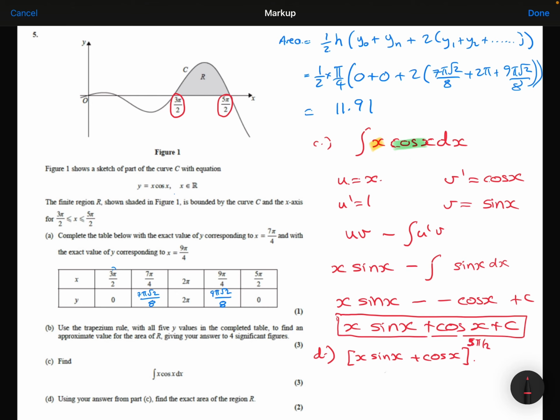So my upper limit is 5 pi over 2, my lower limit is 3 pi over 2. And substituting those in, I'll get 5 pi over 2 times sine 5 pi over 2 plus cos 5 pi over 2, minus 3 pi over 2 sine 3 pi over 2 plus cos 3 pi over 2.